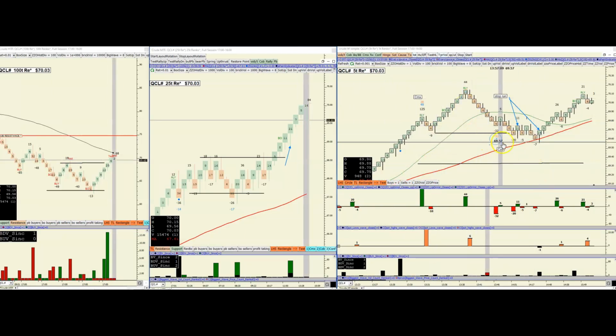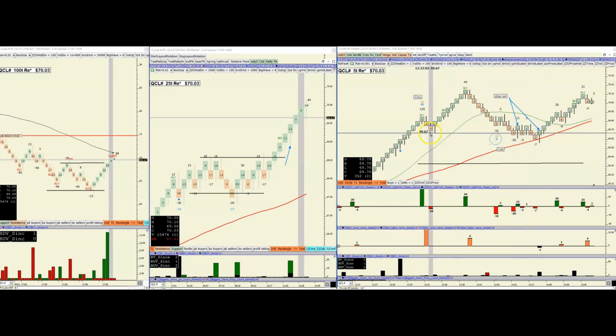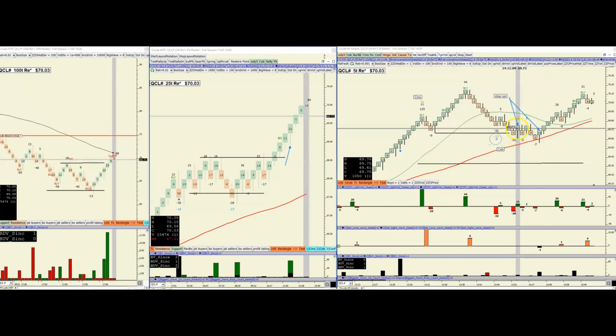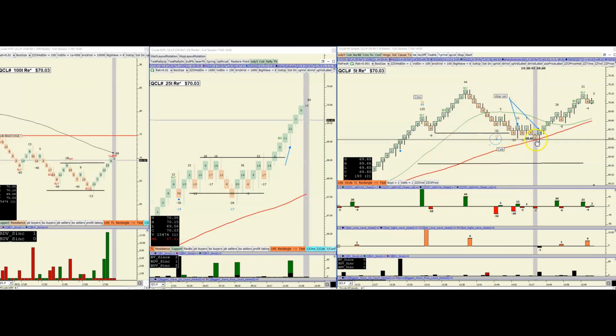Right, below this low, there's a stop run, there's a stop run. How do you know? As soon as it goes below the low, volume picks up. As soon as it goes below the low, volume picks up again. They're running stops. They're running stops against the low. So this is a stop run, right below the low.